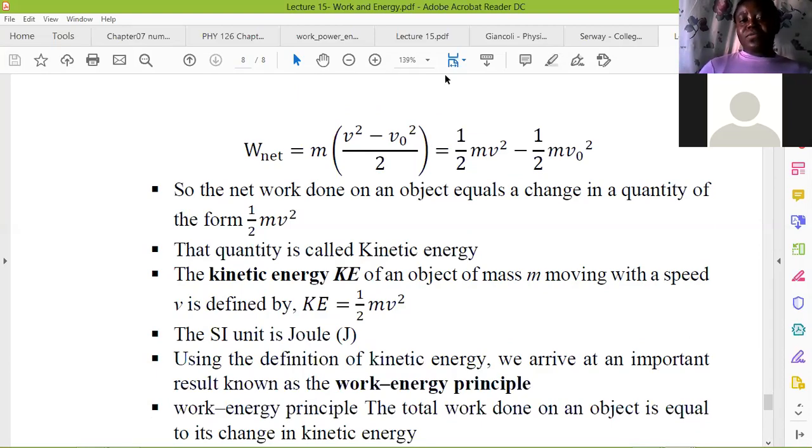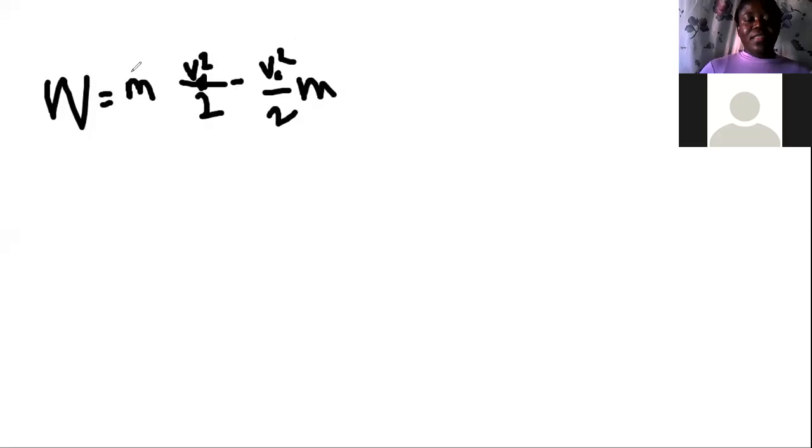So what is this value that we get? My work done is equal to the mass times the final speed squared divided by 2 minus the initial speed squared divided by 2 times m. So the work done on the moving object is equal to some quantity times its speed squared.